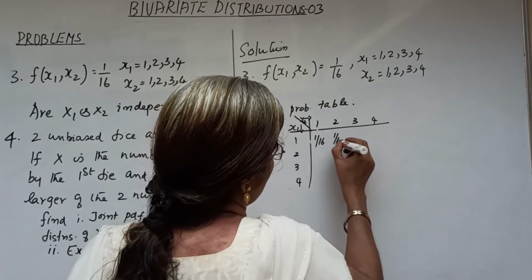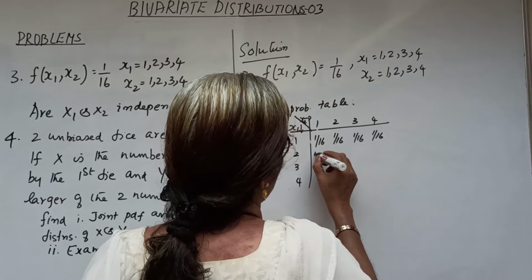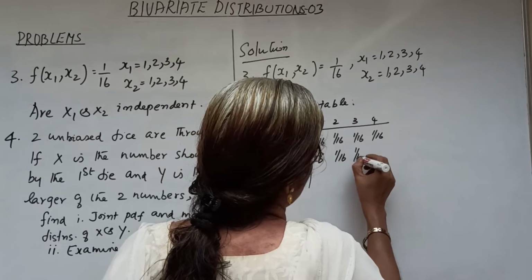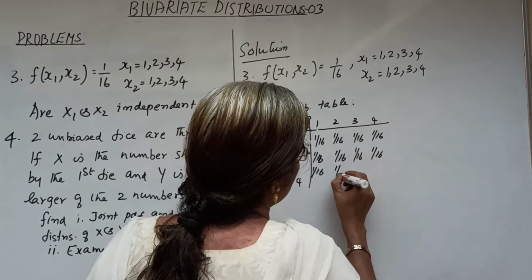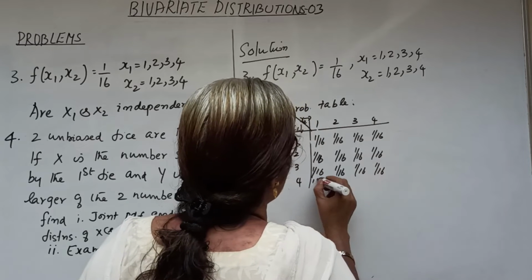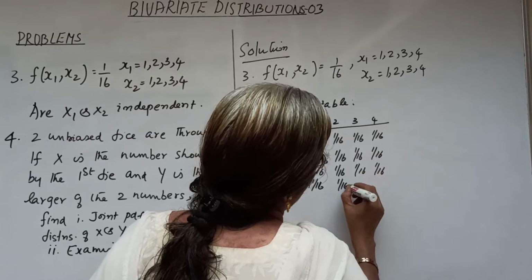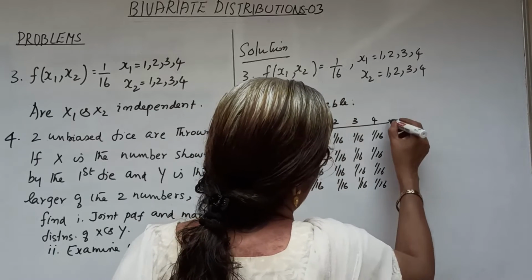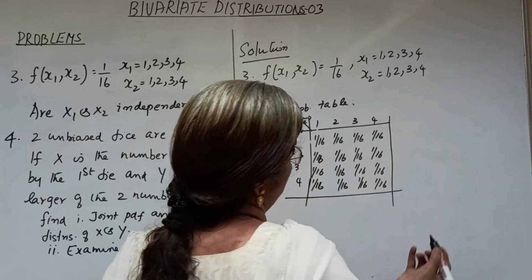That is, for all the pairs, f of x1, x2 equal to 1 by 16. So I have written for all pairs the probabilities as 1 by 16 each, and hence we can obtain the marginal distributions.